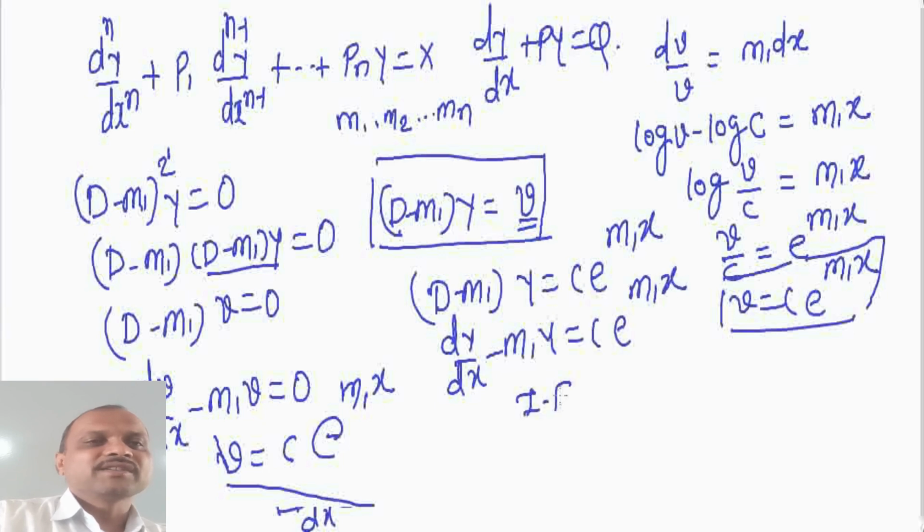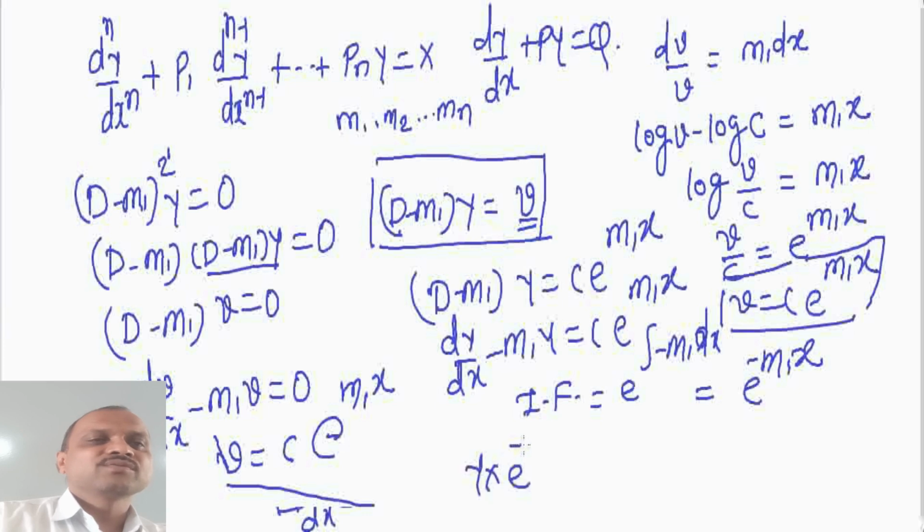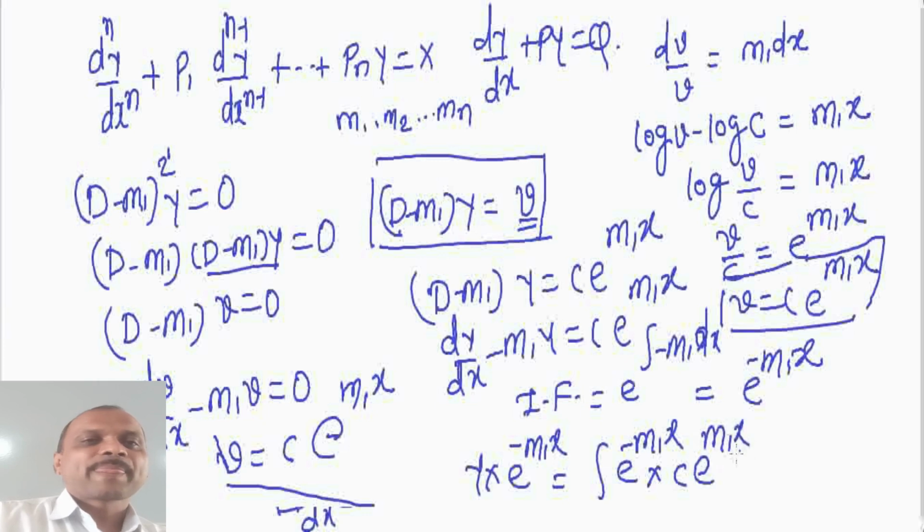Here, integrating factor equals e raised to the integral of minus m1 dx, which is e raised to minus m1 x. So the solution of this equation is y times e raised to minus m1 x equal to the integral of e raised to minus m1 x times Q, where Q is c e raised to m1 x, dx, plus integrating constant c1. The e raised to minus m1 x and e raised to m1 x multiply to give 1. So here we get a solution.